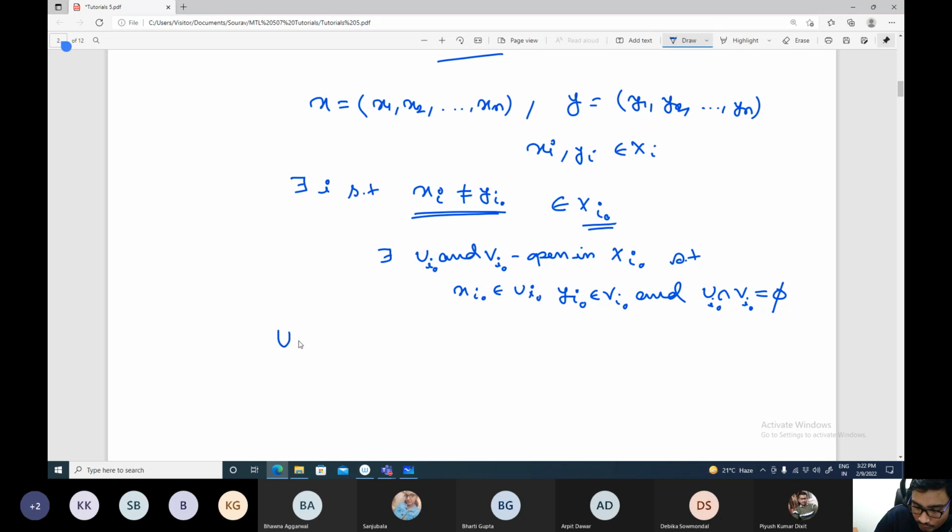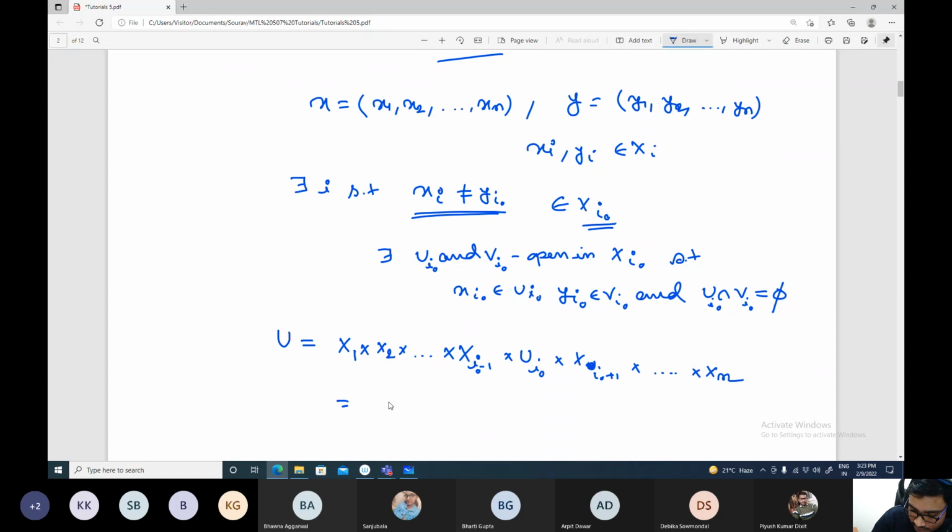Now you take U. What should be your U? It's your choice. U is x1 cross x2 cross up to x i naught minus 1 cross U i naught cross x i naught plus 1 cross up to xn.